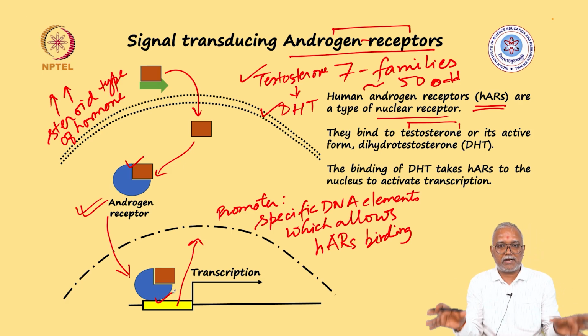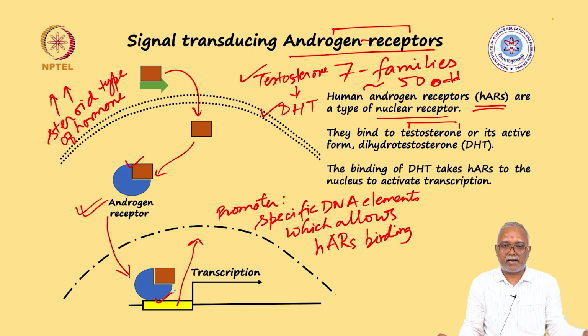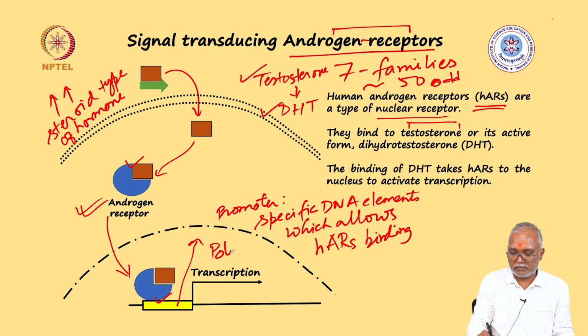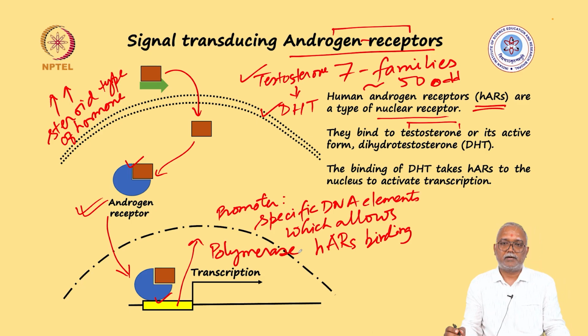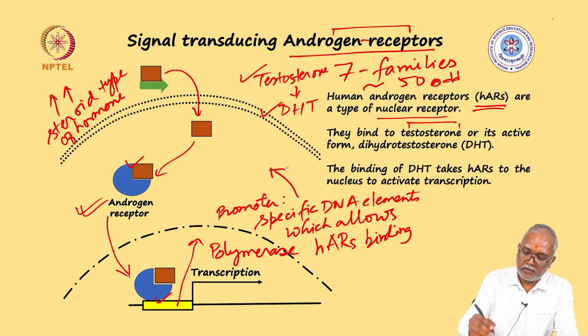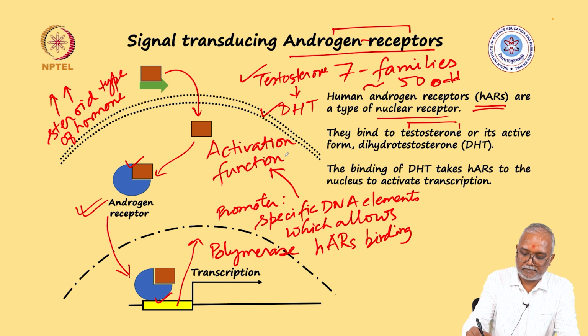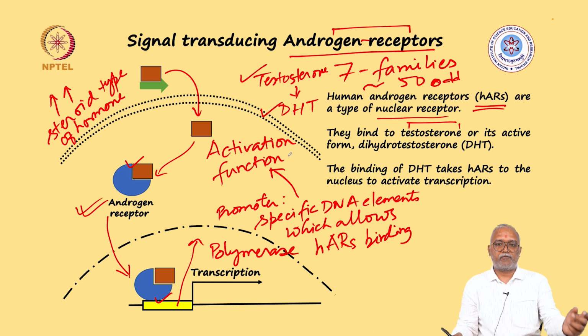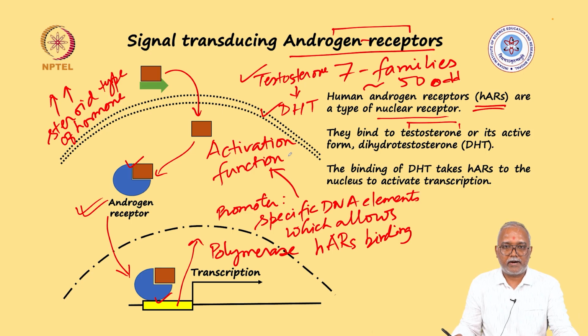So at least DNA binding ability, at least ligand binding ability, and then activating the polymerase for the transcription. Some of the domains which are present are called activation function domains in these receptors, in addition to the DNA binding domain and ligand binding domain.